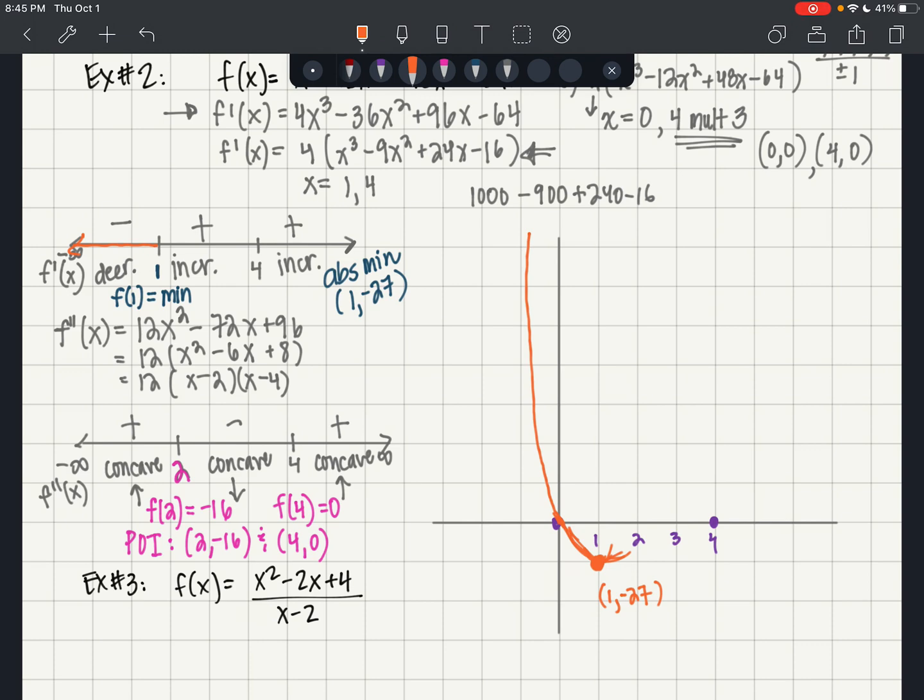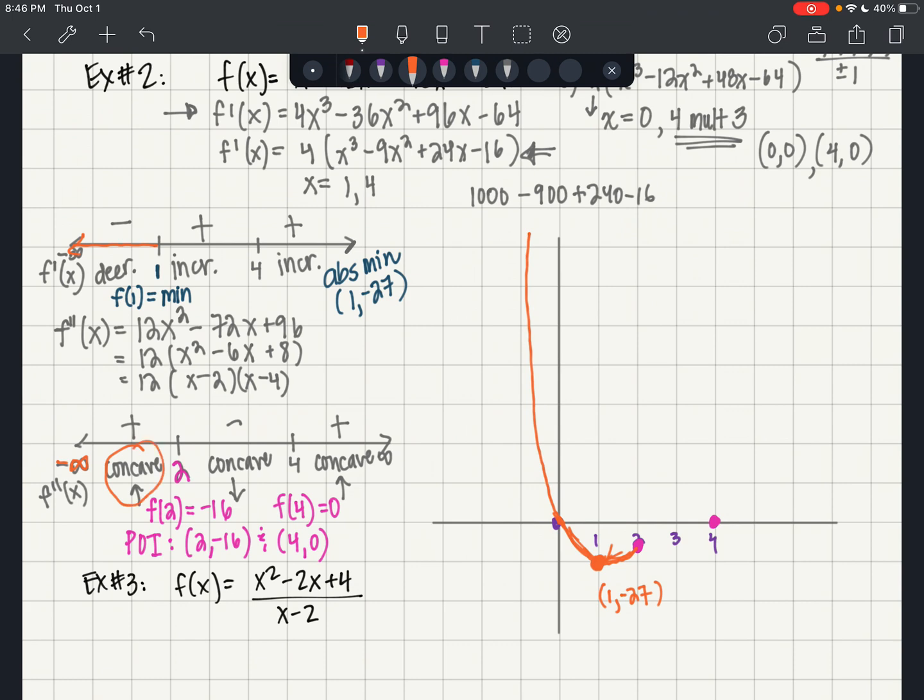So let's see what else is happening. We've got a point of inflection at 2, negative 16. Let's pretend that would be right about there. That's a point of inflection. There's also another point of inflection at 4, 0. So concave up from negative infinity to 2.